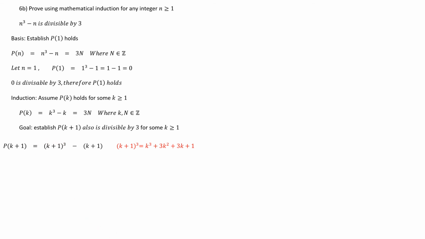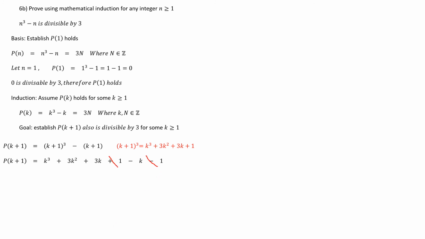So we can replace this with all of this right here. We can also distribute the negative sign there. And that's going to leave us with k cubed plus 3k squared plus 3k plus 1 minus k minus 1.